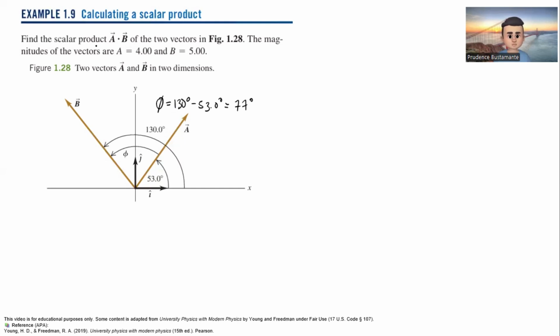From the formula, since we want to find the scalar product, A dot B is just equal to the magnitude of A times the magnitude of B times cosine of phi, which is 4.00 times 5.00 cosine of 77 degrees.